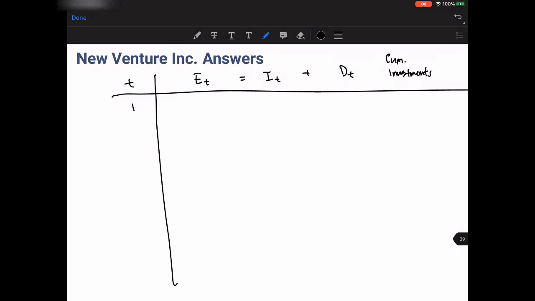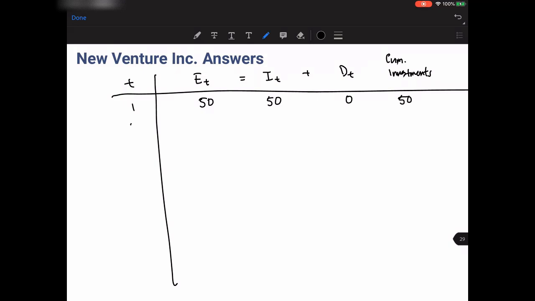So first year we have earnings of 50, I'm going to skip the million part, and that's going to be reinvested. Investments is going to be 50 and no dividends because we're keeping all of its earnings as investments, and that's going to give us $50 million cumulatively so far.